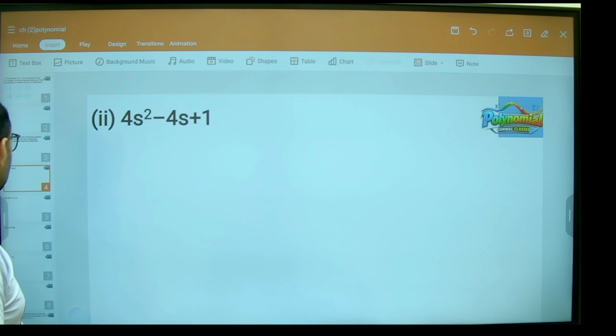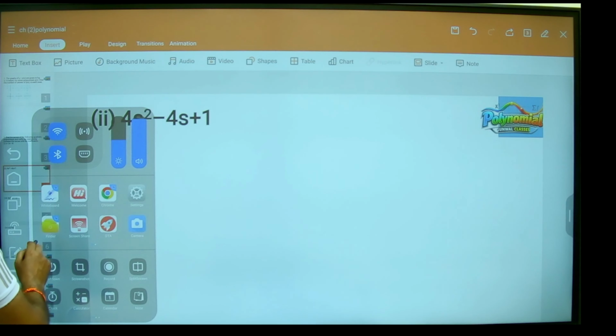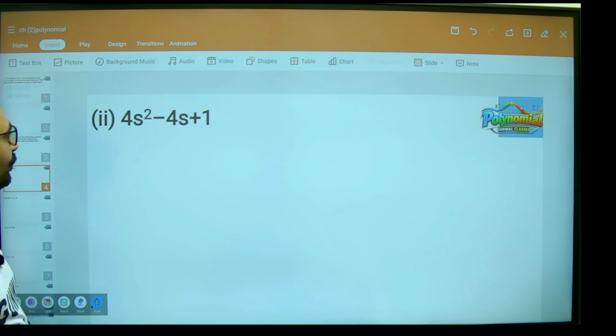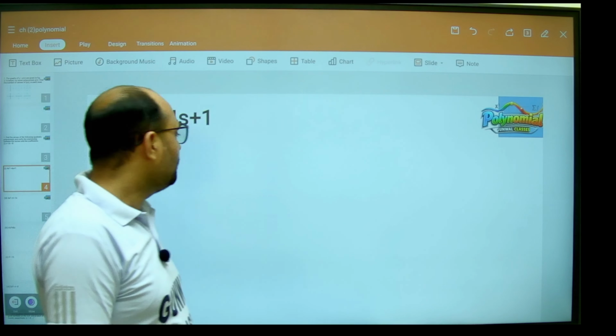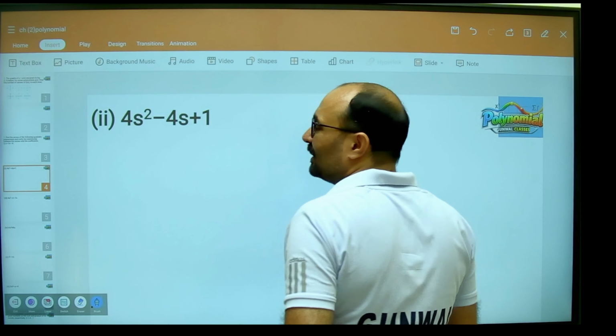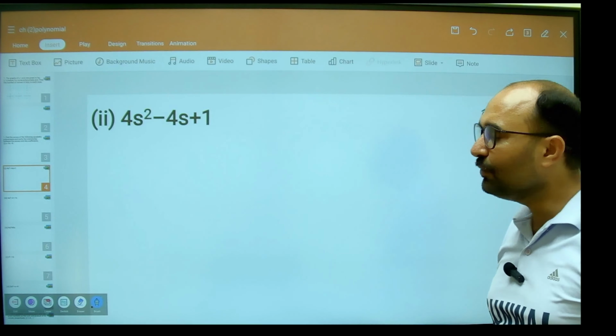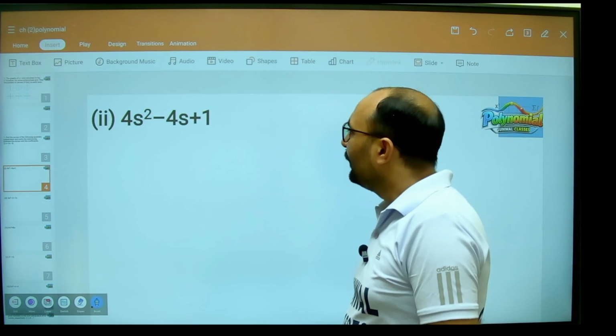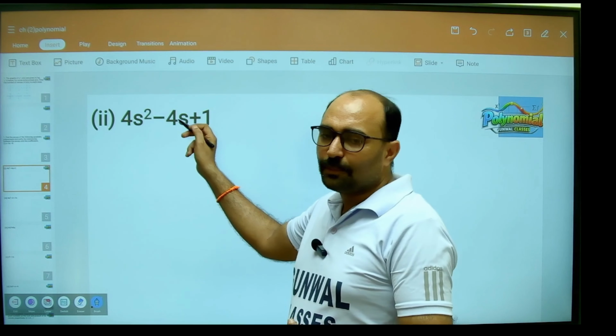Second part, 4s square minus 4s plus 1. In place of x, we have written a different variable. No need to get confused. What are the possibilities?